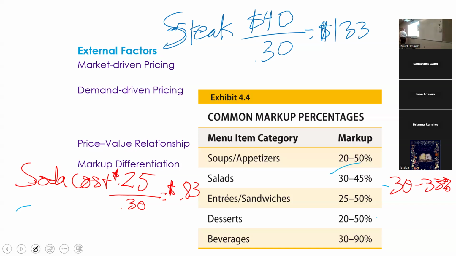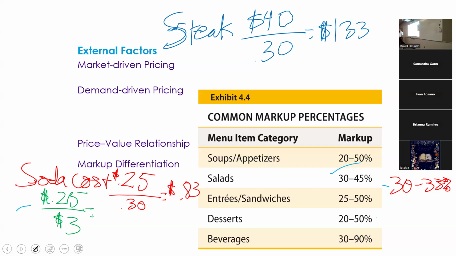If we actually charge our selling price of $3, and it costs me 25 cents to make it, what is 25 cents divided by 3? What is that percentage? You guys can use your calculators. 25 divided by 3.